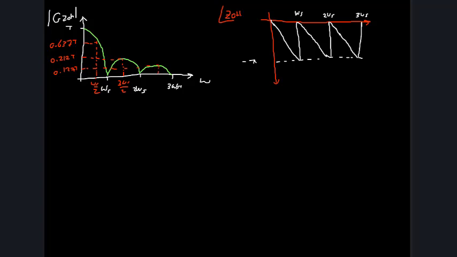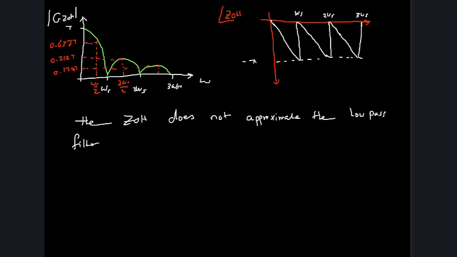So this is the frequency response of the zero order hold. As we can see, the zero order hold does not perfectly approximate the low pass filter. In order to get a better approximation of the low pass filter, higher order holds are needed.